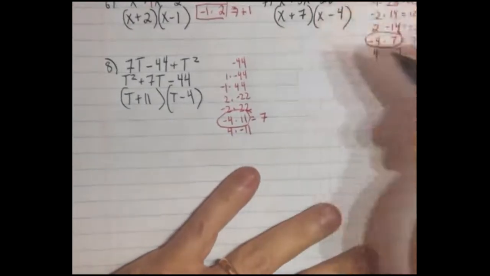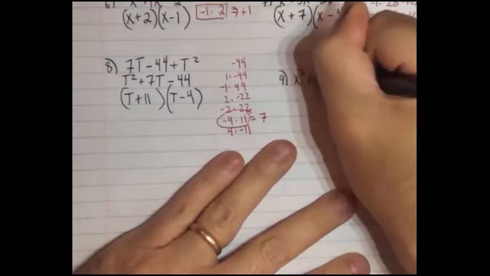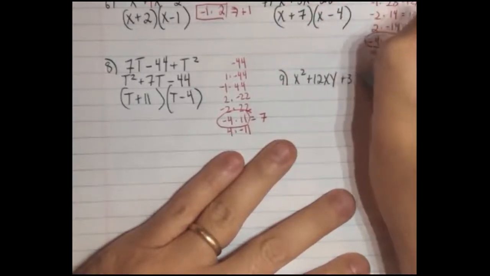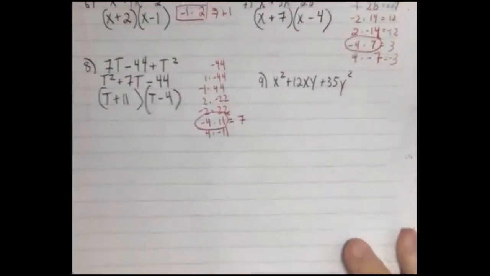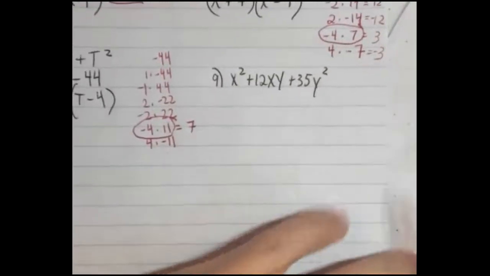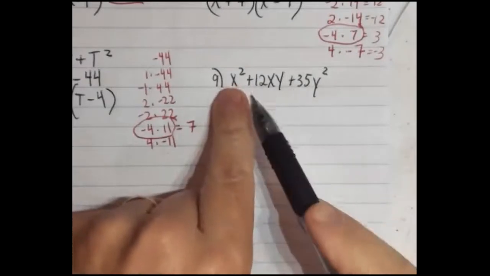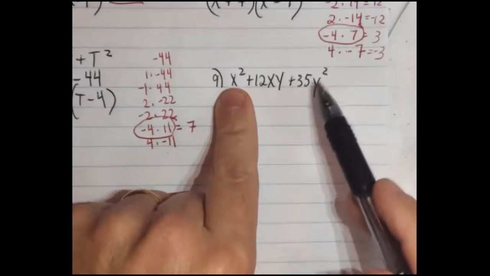All right, next example. We should like this problem because everything's positive. The thing that makes this a little bit different is we have an x squared, we have xy, and then we have a y squared.